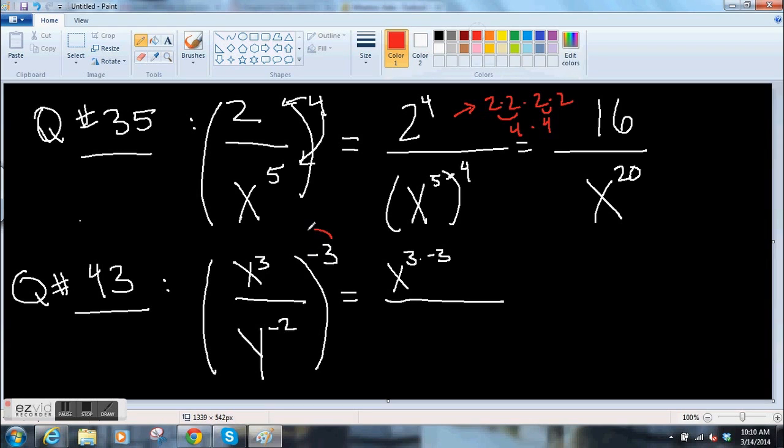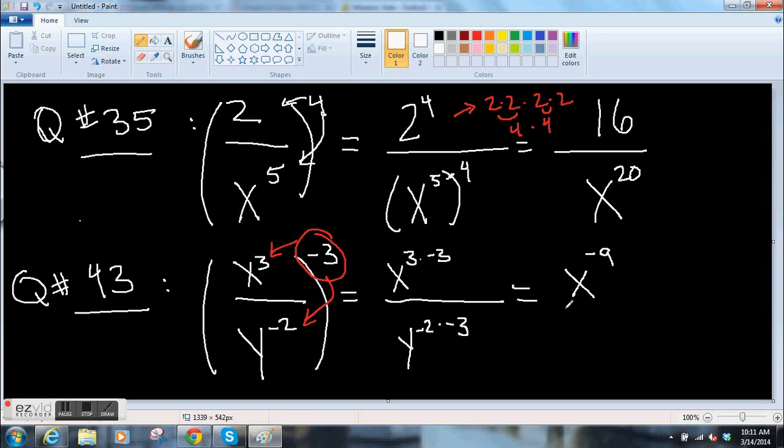So basically we have to take this power and distribute it. So it's x cubed to the 3rd. So we multiply. Y to the negative 2 to the negative 3. So we multiply those. So it's y to the negative 2 times negative 3. So I'm distributing that negative 3 power.